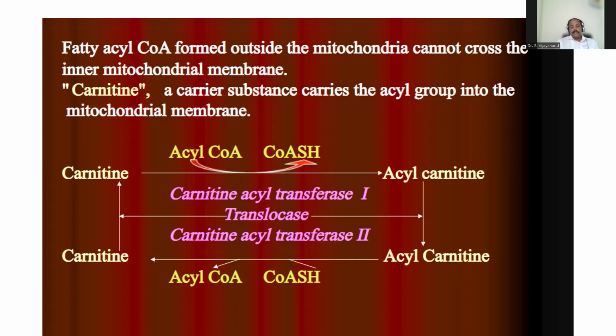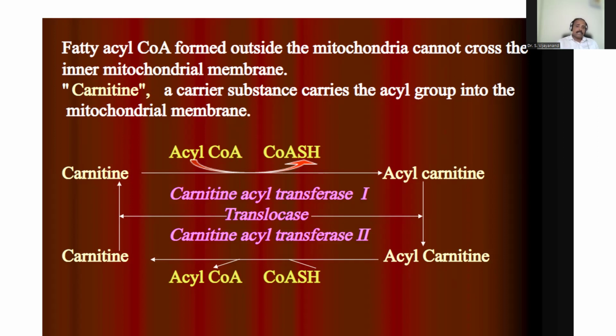When you consider the transportation of fatty acids, these long chain fatty acids, that is acyl CoA, form a complex with carnitine, resulting in the formation of the acyl carnitine complex, which is catalyzed by carnitine acyl transferase 1, present in the outer mitochondrial membrane. Once it forms acyl carnitine, it gets transported from the outer mitochondrial membrane to the inner mitochondrial membrane.